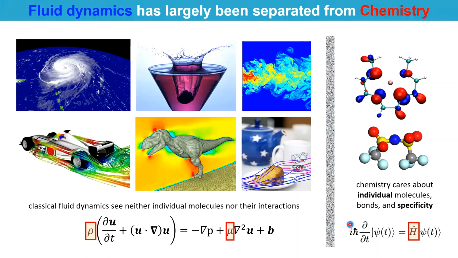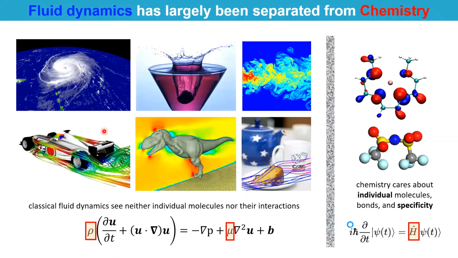This has actually served us very well. For example, when a design engineer tries to optimize the flow near a race car so that we can reduce the drag, he or she does not have to worry about the size and shape of the oxygen and nitrogen molecules, and even less so about, say, the vibration of the atomic bonds.